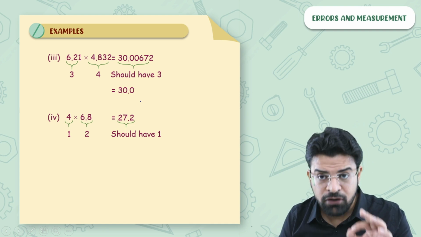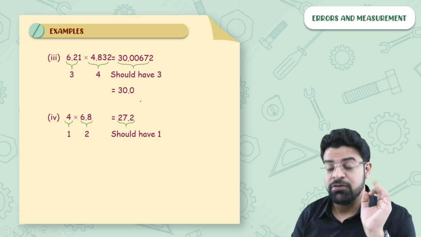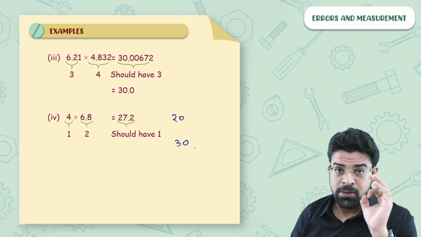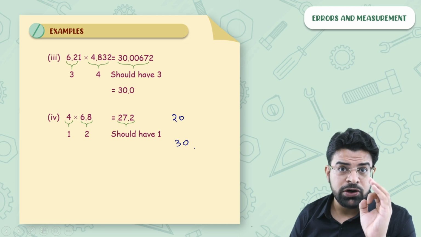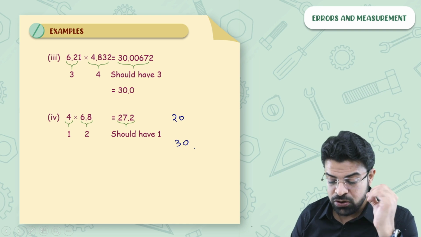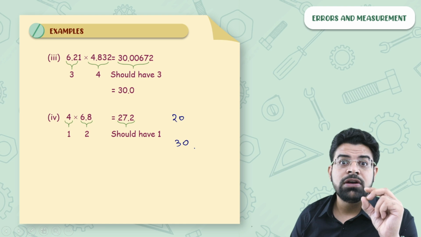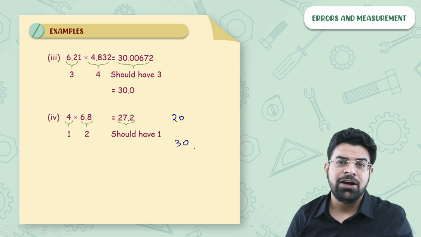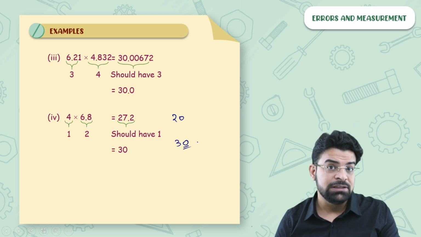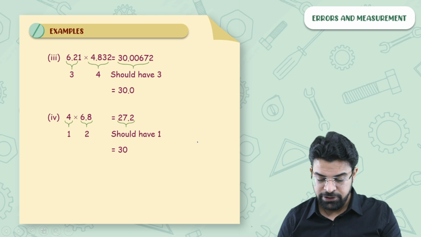Think of the number closest to 27.2 which can have 1 significant figure. It can either be 20 or 30. So round off 27.2 such that the answer contains only 1 significant figure, and that answer will be 30, because the trailing 0 won't be considered as significant.